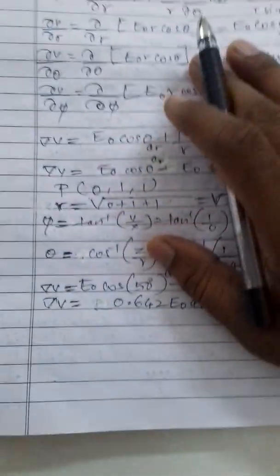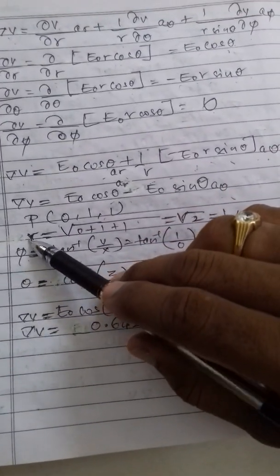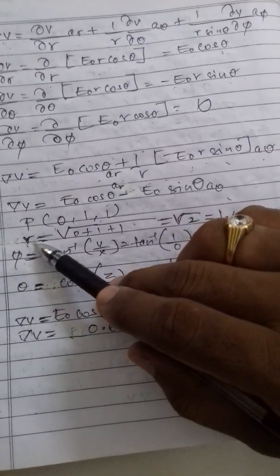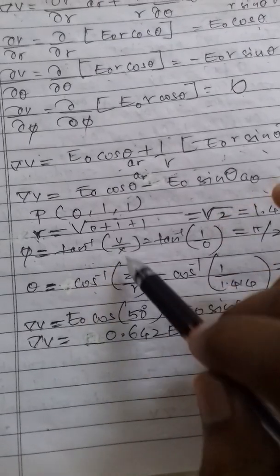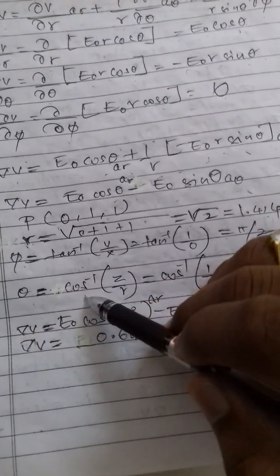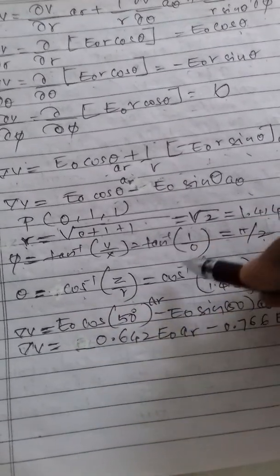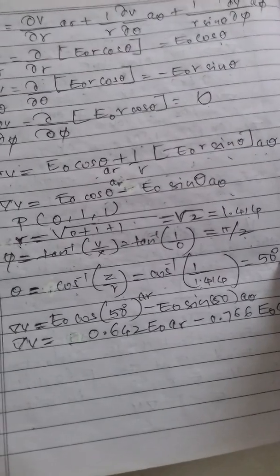To convert Cartesian to spherical, the radius of the sphere r is root 2, equal to 1.414. Phi is tan inverse of y by x, tan inverse of 1 by 0, is equal to pi by 2. Theta is equal to cos inverse of z by r, which is cos inverse of 1 upon 1.414, equal to 45 degrees.